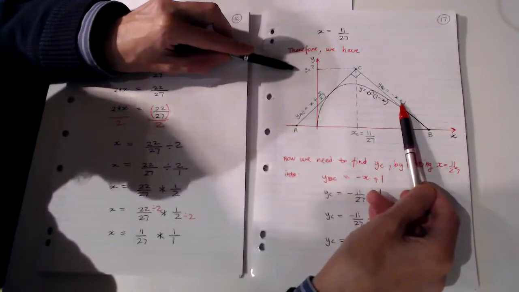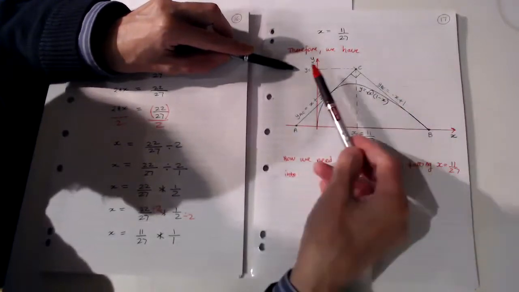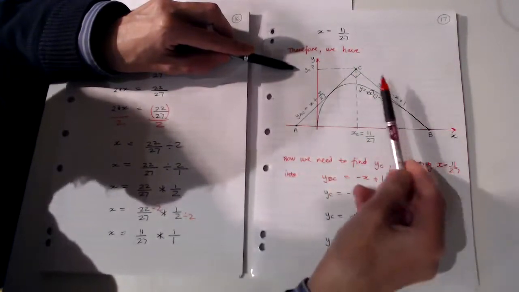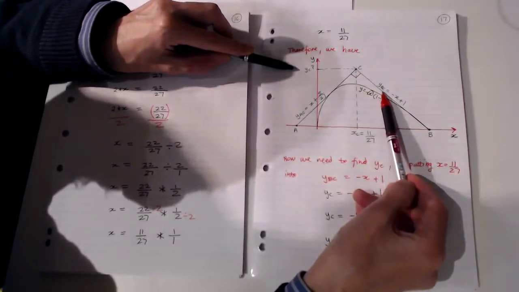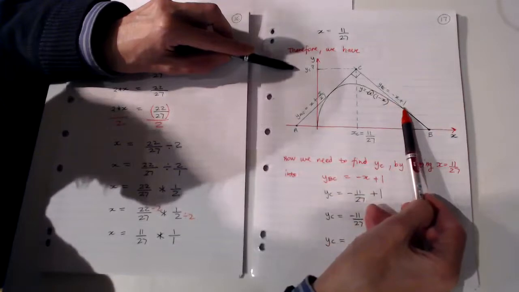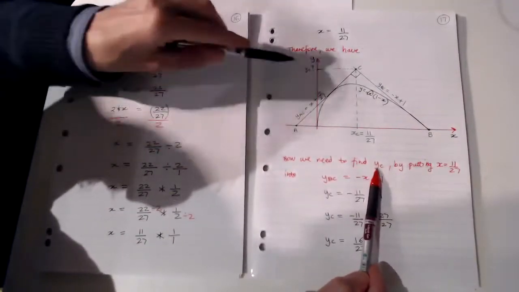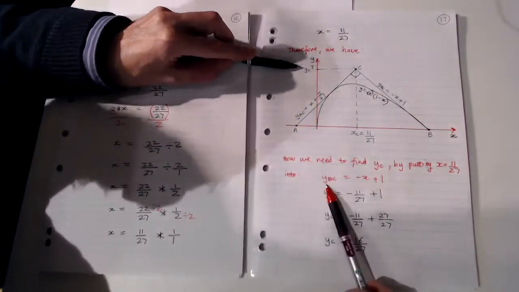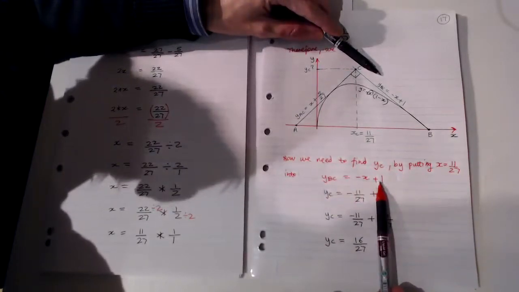But in my opinion, it would be a little bit easier to find y sub C by putting x equals 11 on 27 into the equation of the green tangent line, y sub BC equal to negative x plus 1. And that's what I say here. Now we need to find y sub C by putting x equals 11 on 27 into y sub BC equal to negative x plus 1.